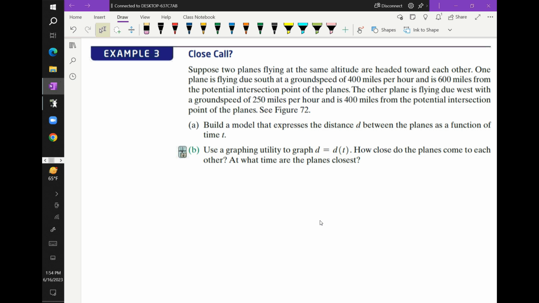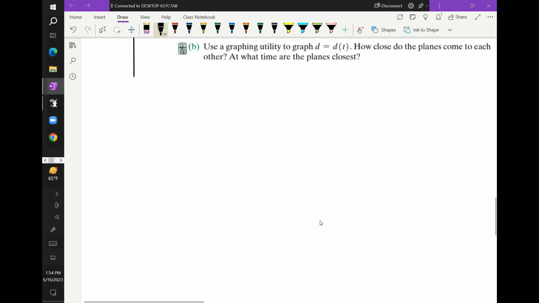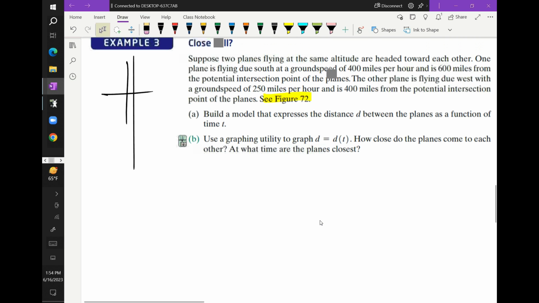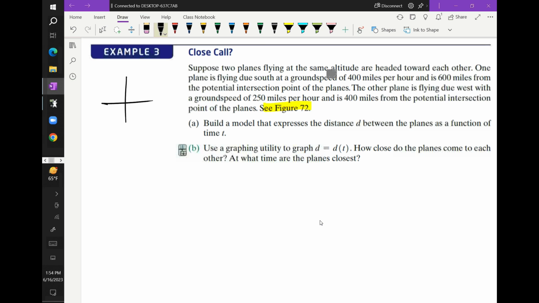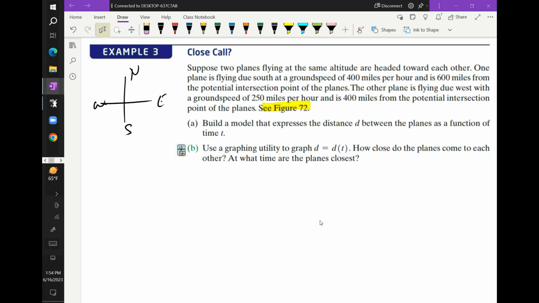See figure 72. Now, interesting on this one in my notes, for whatever reason, I didn't put in that figure. So let's take a look at it. If I do my normal directional values here, we would say we've got north and south, east and west. That's the normal item. So we've got a plane traveling, what do we say here, due south. So we've got a plane traveling this direction.